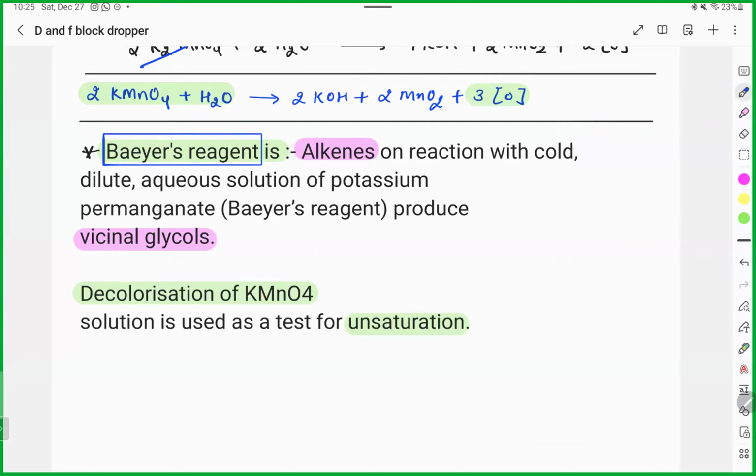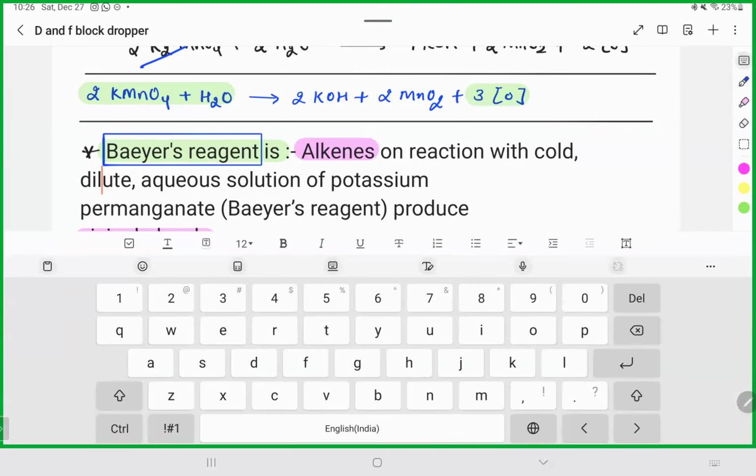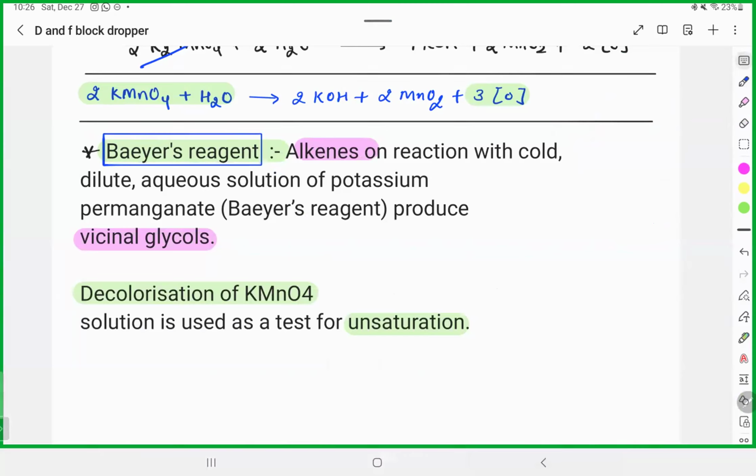Any doubt, guys? No, sir. Anybody have a doubt? No, sir. So it's important to correlate with the other chapter and understand that yes, we can solve any question, but we need to correlate with the other chapter. Otherwise, it will be difficult.